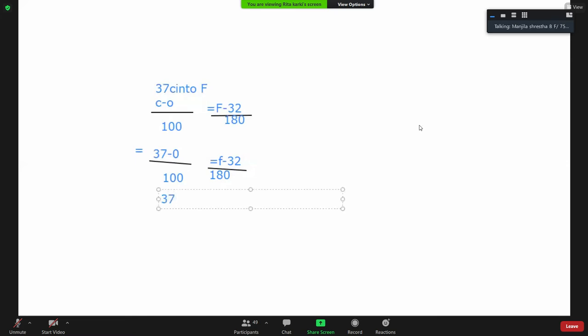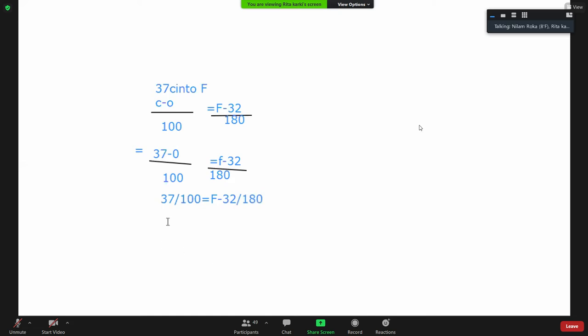37 minus 0 means 37, and 37 divided by 100 is 0.37. So 37 by 100 is equal to F minus 32 by 180.